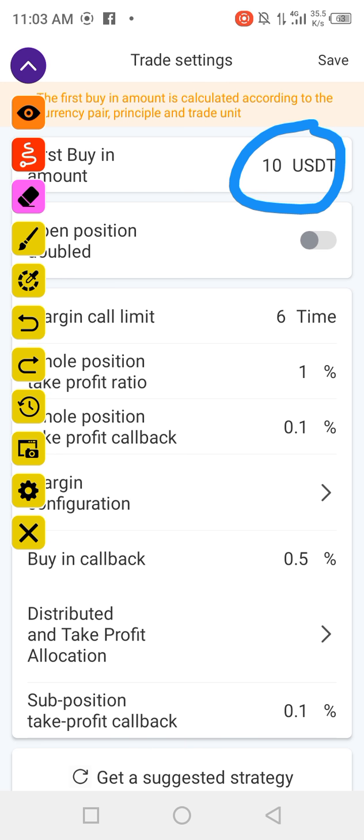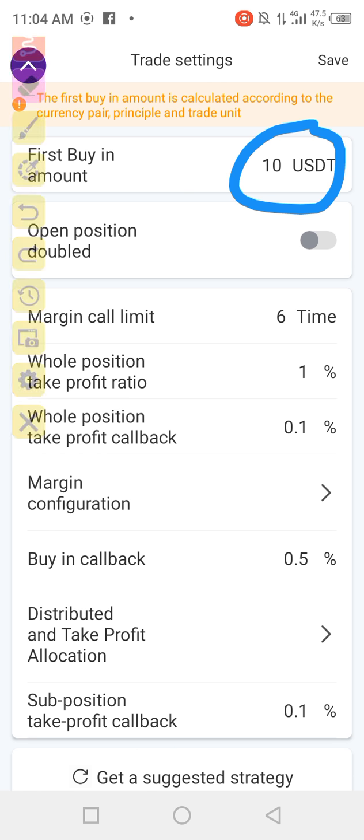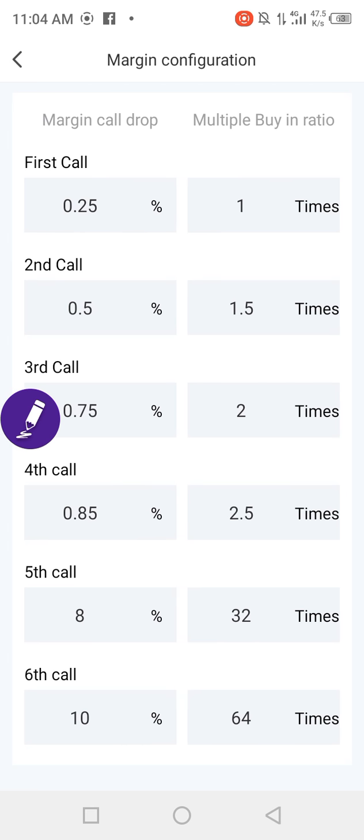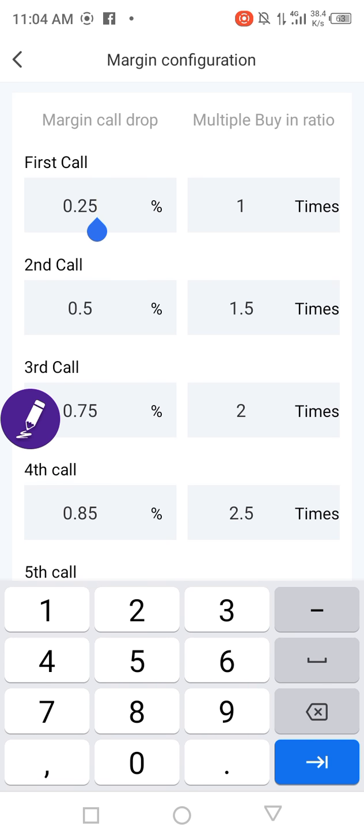Then under the margin configuration, you now tell the system at what percentage drop will the system call for another purchase. Remember that this system is designed in a way that if the coins are dropping in price, it will be buying. If the prices are rising, it starts selling.